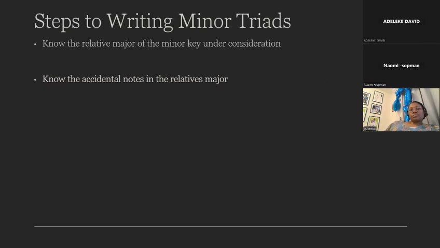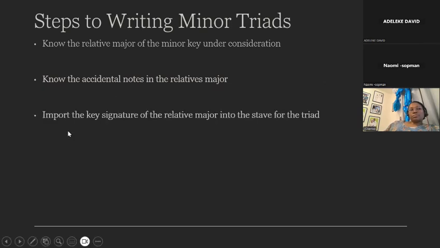Number 3, when you are writing a triad, you need to import the key signature of the relative major into the stave for the triad. Supposing we are writing a triad in D minor, what is the relative major of D minor?